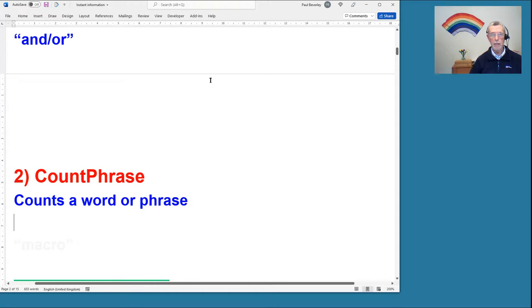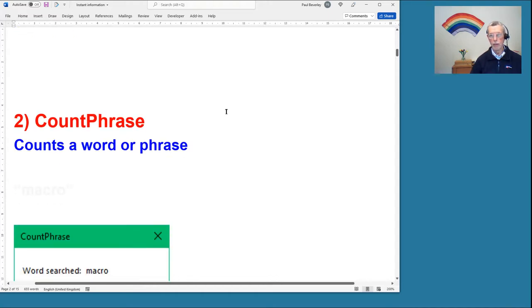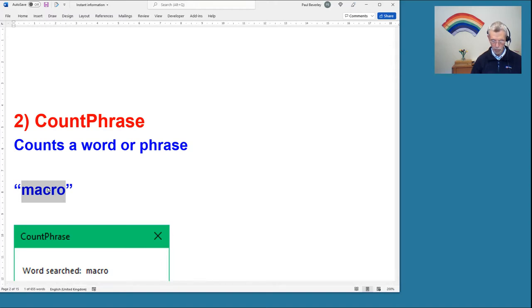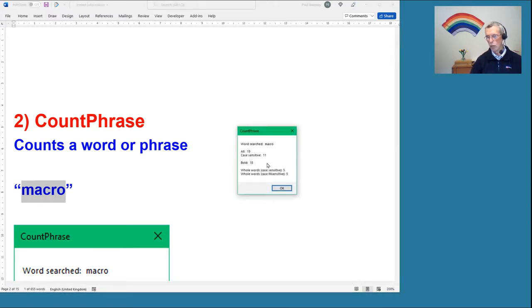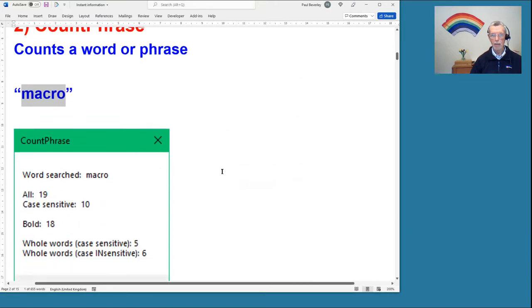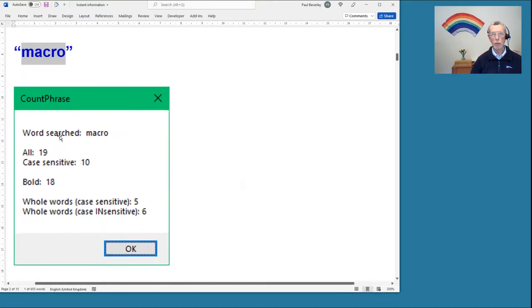Next one, Count Phrase. This one counts either a word or a phrase. So if you have a word like that and run the count phrase macro, it will give you a window telling you various bits and pieces. So here's my bigger window. It tells you which word or phrase it's looked for, how many times it occurs in all, case sensitively, in other words, are there variations in the case, or variations in the formatting, some bold, some not, and do they occur as whole words or within another word.